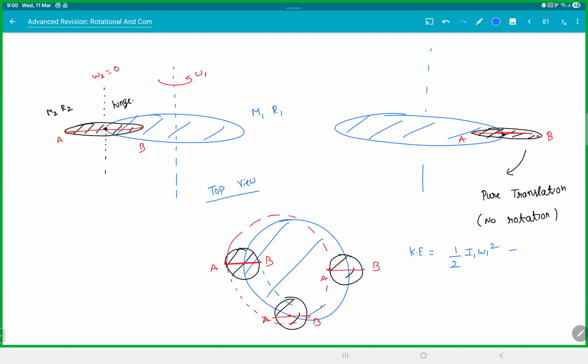Okay, ignore that, that is anyway fine. Now for this disk, what will we write? Half m2, the velocity of the center of mass square, because it's pure translation. Making sense? There is no rotational component.